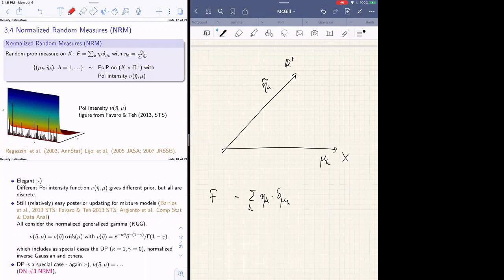Before I get the f, let's actually copy that f down here. Eventually I'll get that f, which is a random probability measure. Before I get the f, I will have an f tilde, which uses probability masses eta tilde. So this is just a random measure.